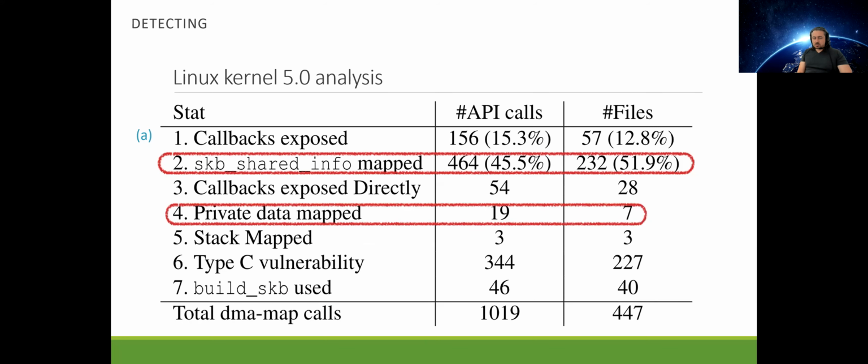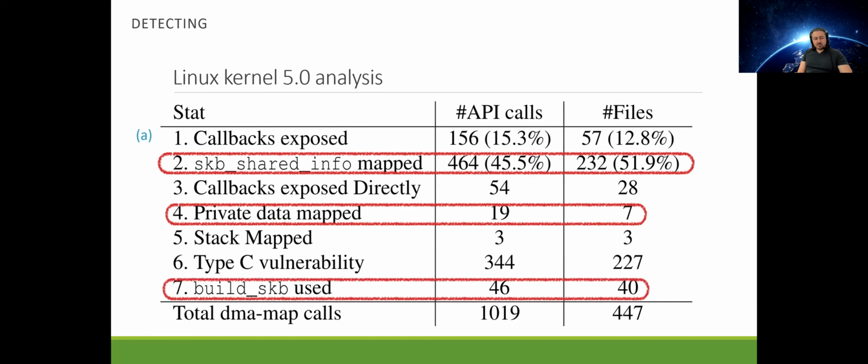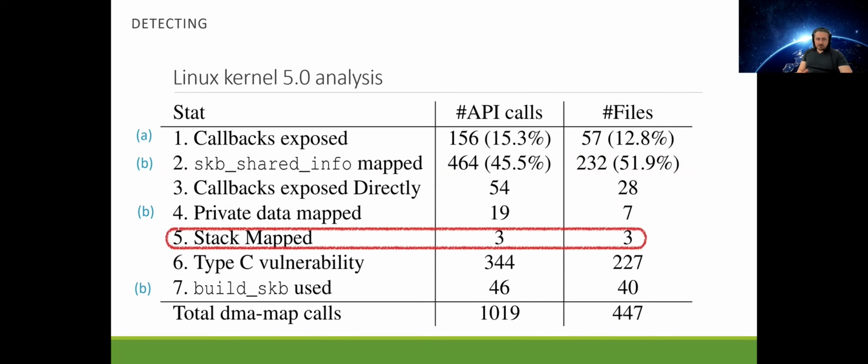Private data map is one other example of type B vulnerability. Build SKB actually creates the SKB shared info inside a mapped buffer, so it's essentially the same thing. Those are type B vulnerabilities. We look for cases where the stack is mapped. We find several cases.